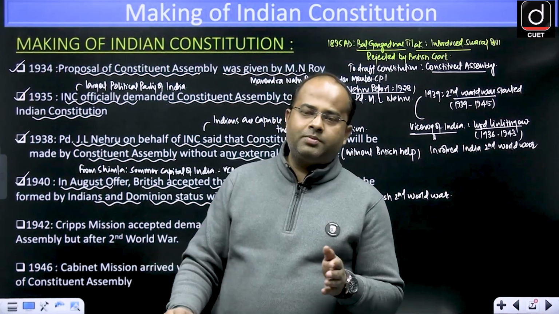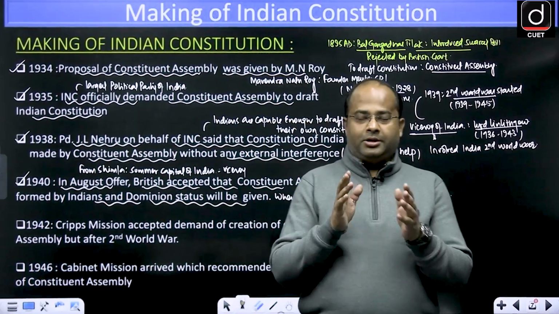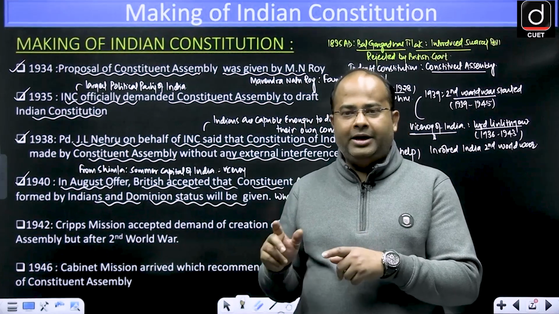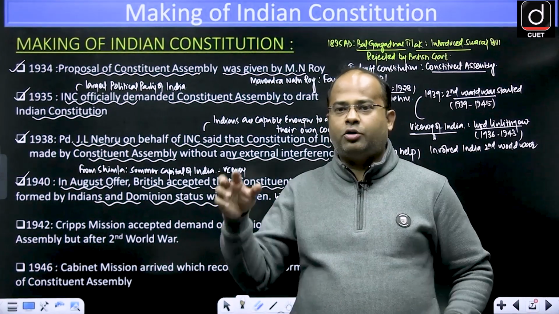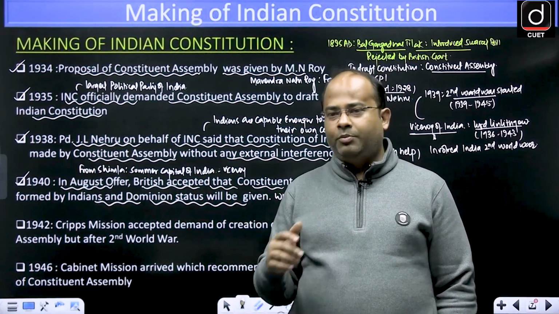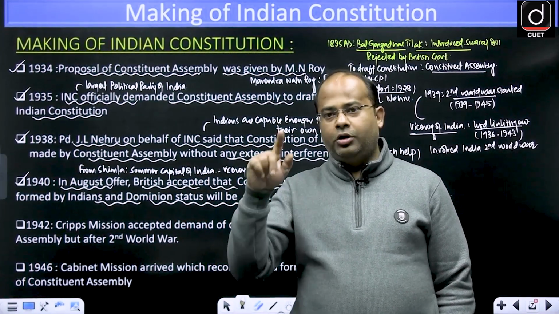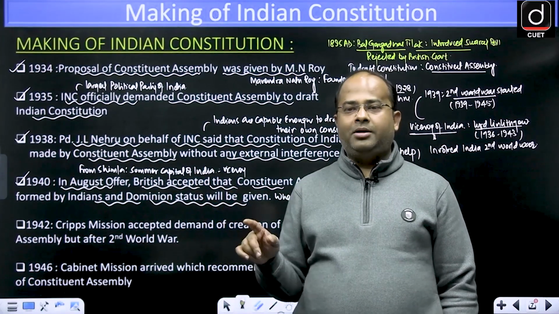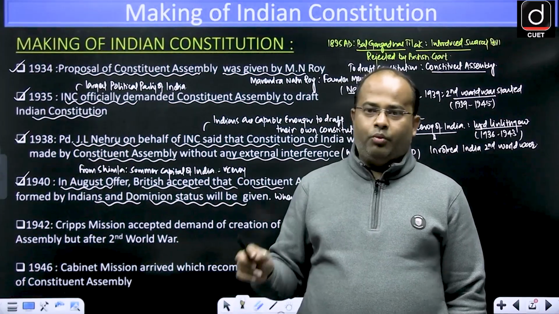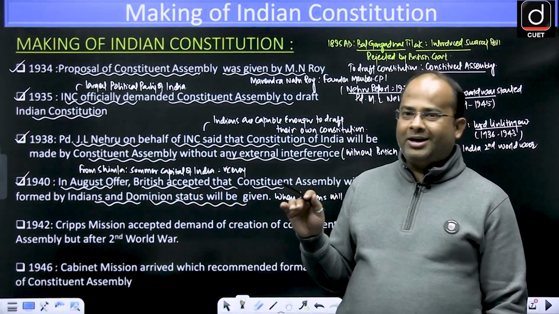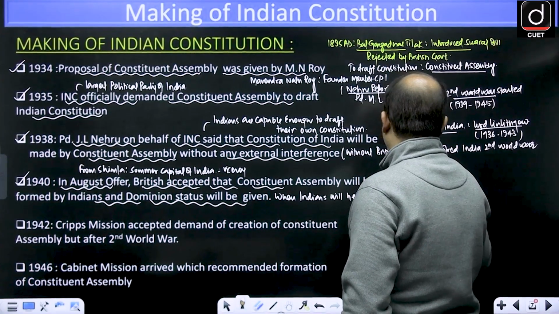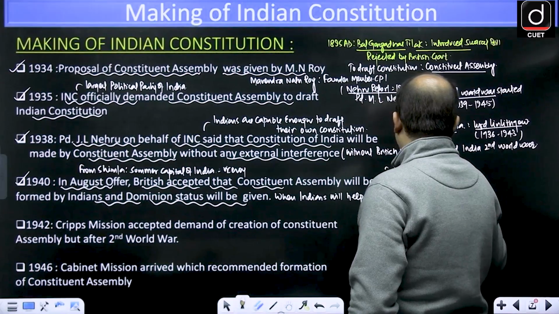Once Indians help the British, then only the British government will create a Constituent Assembly for Indians, dominated by Indians because the majority of people will be Indians, and then give dominion status, but only on the condition that the British get the help of Indians in the Second World War. Now, when this was heard by the Congress leaders, the Congress rejected the proposal. So INC rejected the proposal.